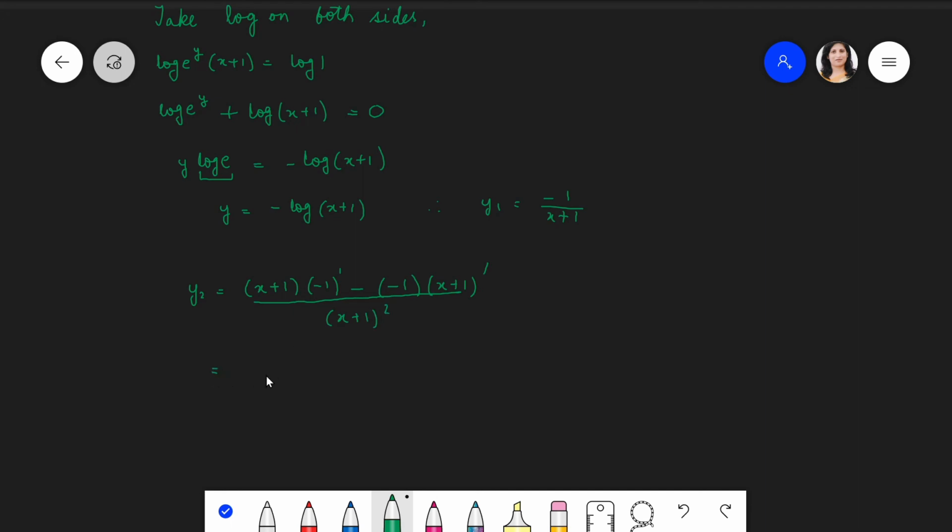So first term is 0, so we get here plus, this is plus 1, and derivative of x plus 1 is 1, and the denominator is this. This can be written as square of this expression, which means it is square of the first order derivative. So therefore we have got here that second order derivative is square of first order derivative.